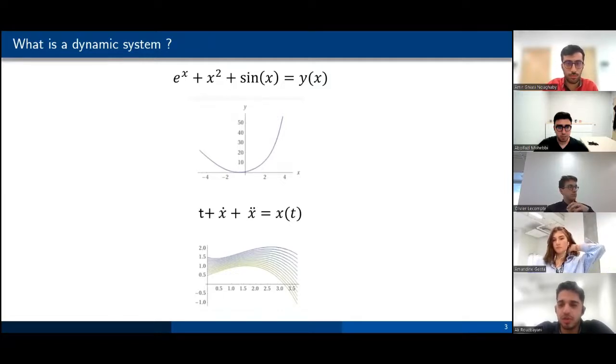So whenever we want to find out the value of y, all we have to do is to plug x into the relationship and we will find out the value of y at that particular x. This is called a static relationship or a static system.